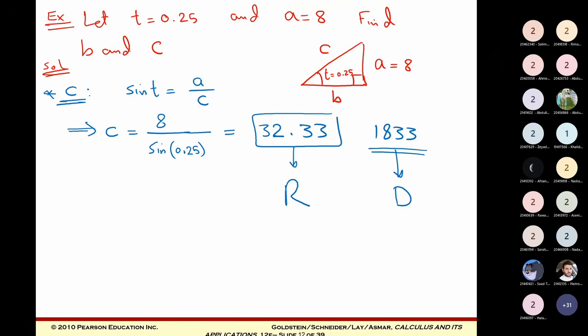So this is wrong because the angle is in radian, not degree. So the system of your calculator must be radian. Okay? So firstly, change the system of your calculator.